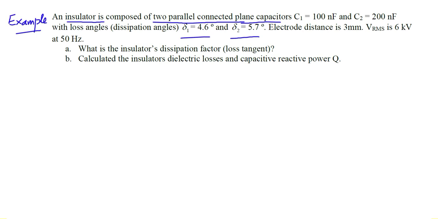So here you know from the theory that in the electrical equivalent model of an insulator we have two shunt elements, capacitance and conductance. But now here, instead of conductance, we are given the dissipation angles or loss angles of the insulators.